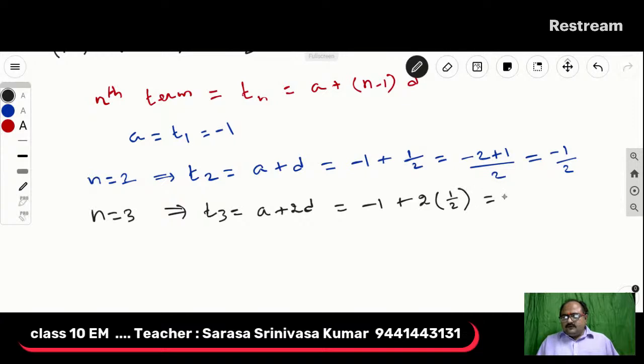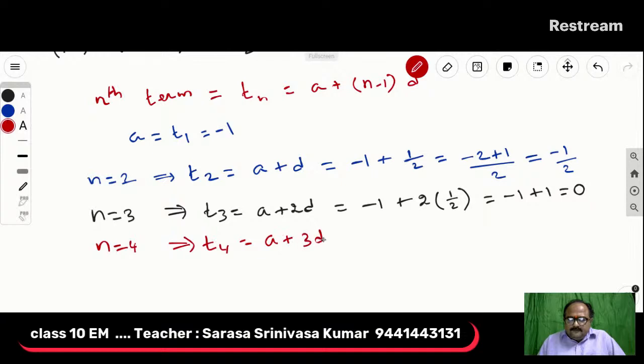This is equal to -1 plus 1 equal to 0. Now we calculate T4. When n equal to 4, we write T4 equal to A plus 3D. What is A? It is -1 plus 3 multiplied by the common difference D. A equal to -1, D equal to 1 by 2.